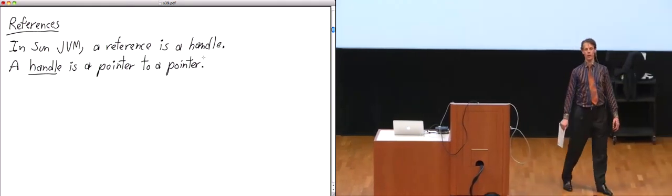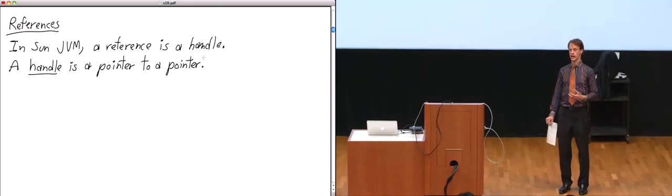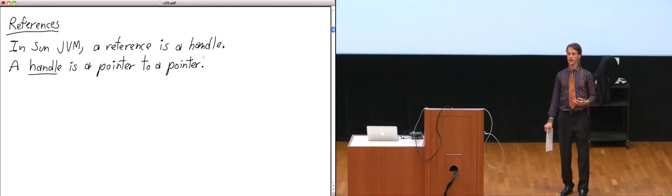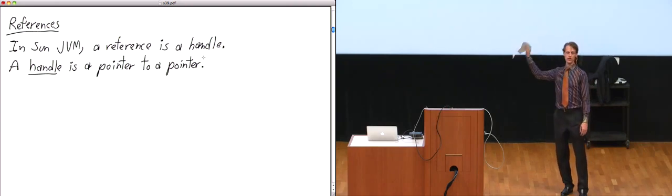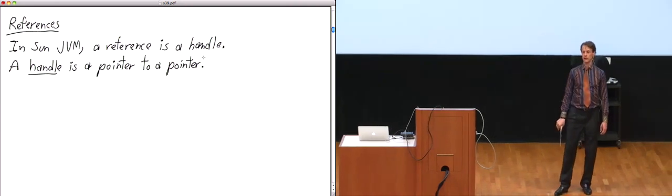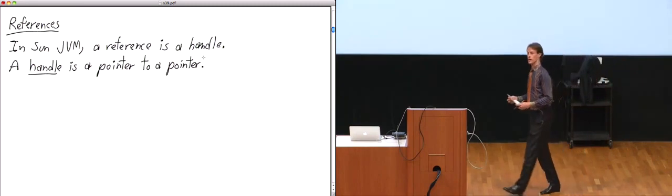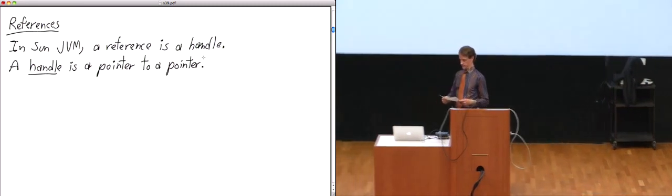So when an object moves during garbage collection, Java changes the second pointer. The first pointer doesn't change.